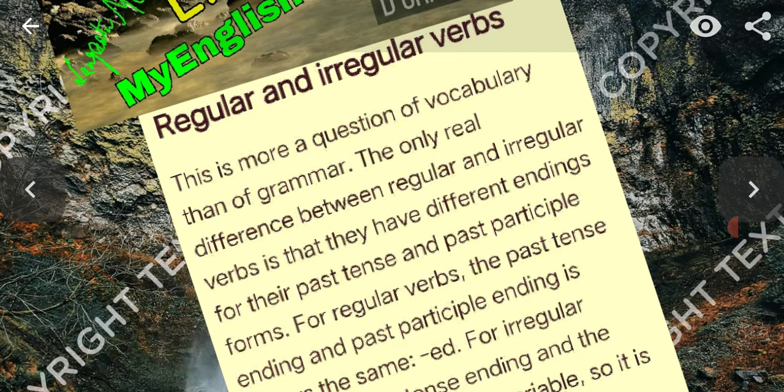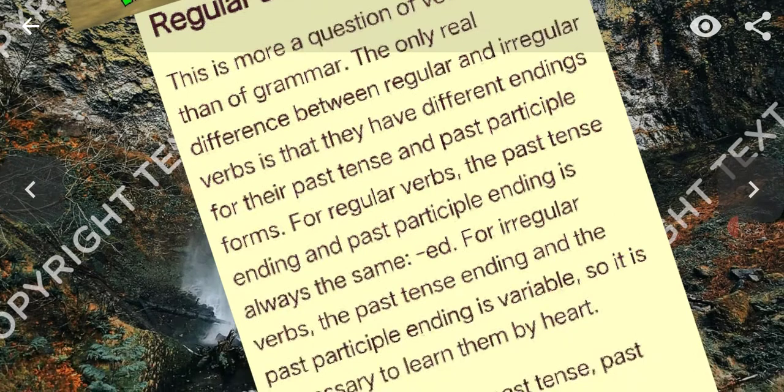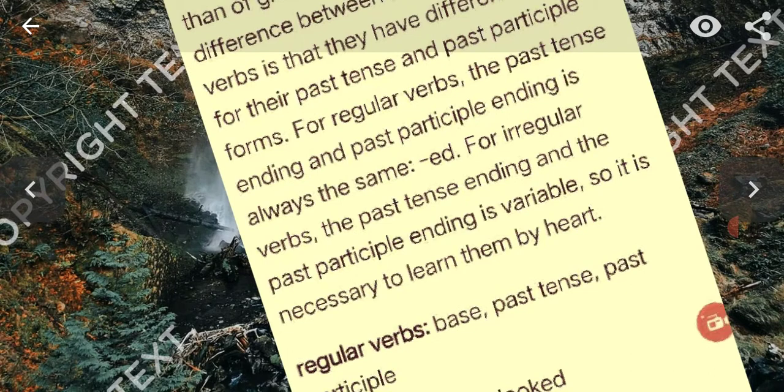For regular verbs, the past tense ending and past participle ending is always the same, ed. For irregular verbs, the past tense ending and the past participle ending is variable. So, it is necessary to learn them by heart.